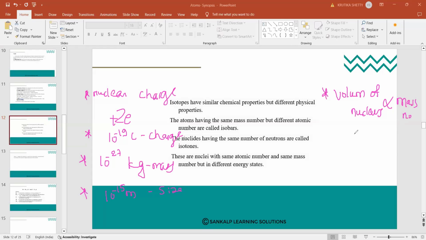So the volume of the nucleus, we can take as 4 by 3 pi r cube, which is directly proportional to A. So r cube is proportional to A, or r is proportional to A raised to 1 by 3. Next, we remove the proportionality sign and we take a constant r naught, so r is equal to r naught A raised to 1 by 3. This is how the formula is derived. So that is from the concept that the volume of the nucleus is directly proportional to the mass number.